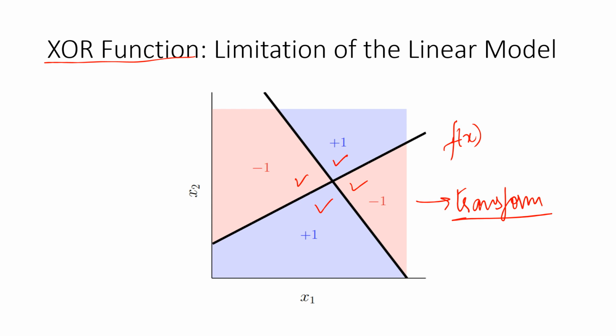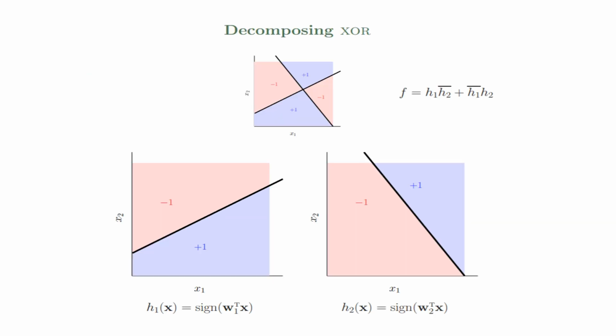So the goal for today is to derive the multi-layer perceptron, and the neural network is just an extension of the multi-layer perceptron, made more convenient to run algorithms and other things, but that's where we begin. So how do we begin doing that? We are going to begin by using the XOR function. As I said, I'm going to make this really simple by breaking it down, or decomposing it. So this is what it looks like.